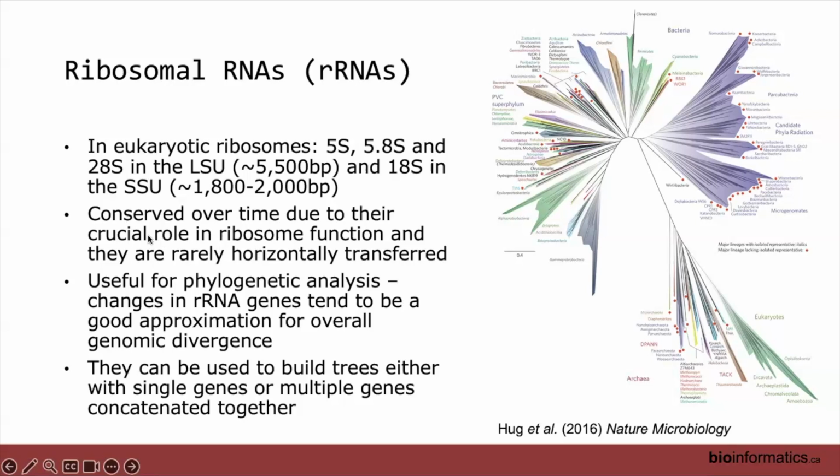These tend to be quite conserved over time due to their crucial role in ribosome function, and they're therefore rarely horizontally transferred, which is what makes them really useful for phylogenetic analyses where we want to be able to get at taxonomy, because them being relatively conserved over time means that their divergence is often somewhat in line with general species divergence.